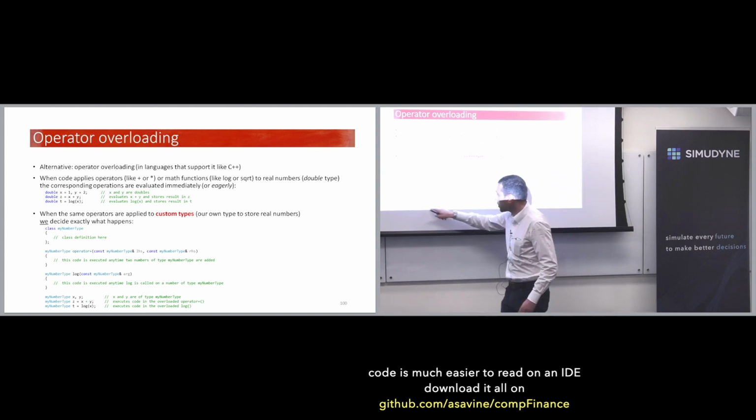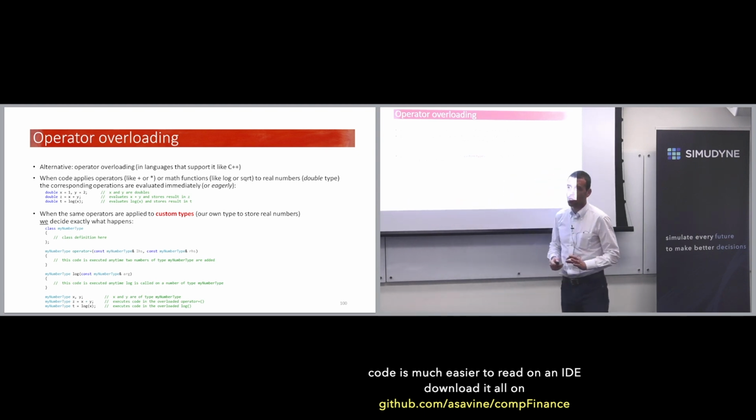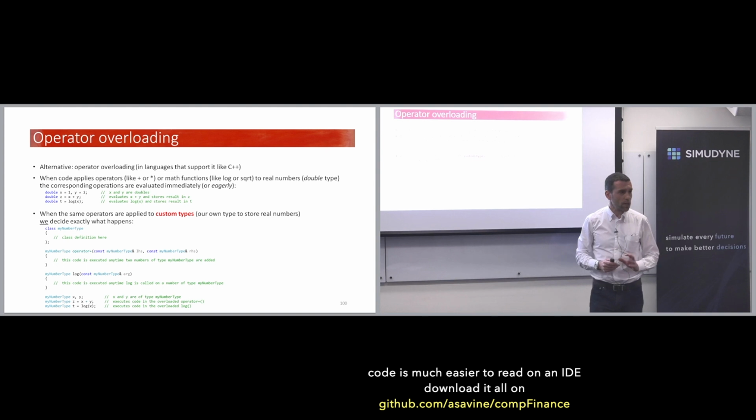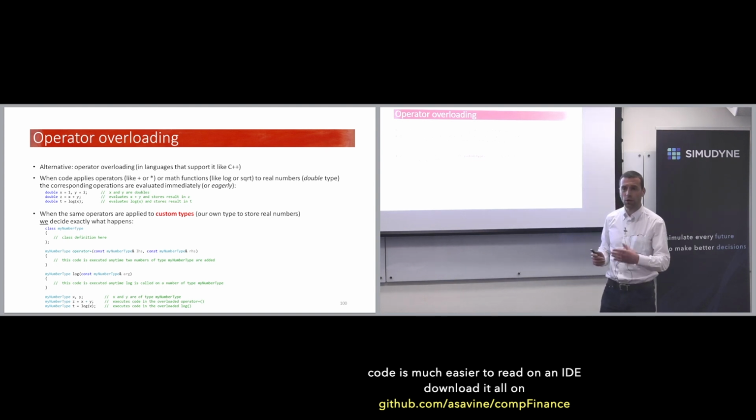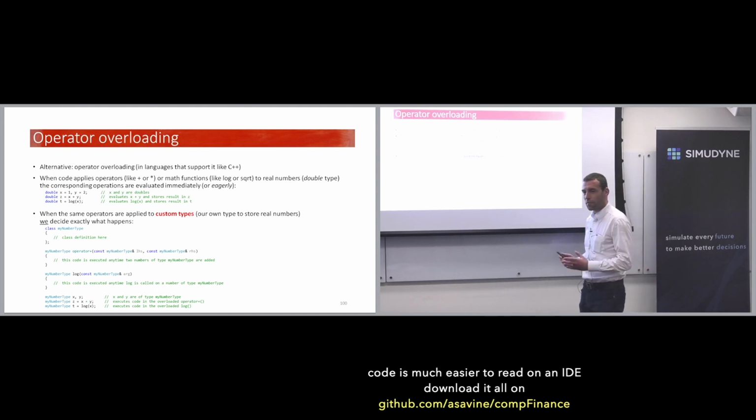It will call the overloaded log function for my number type. And whatever I put in this code is whatever will be executed. So you see, that gives us a lot of flexibility and a lot of freedom, because we can do pretty much what we want when mathematical operations are applied to our custom types.